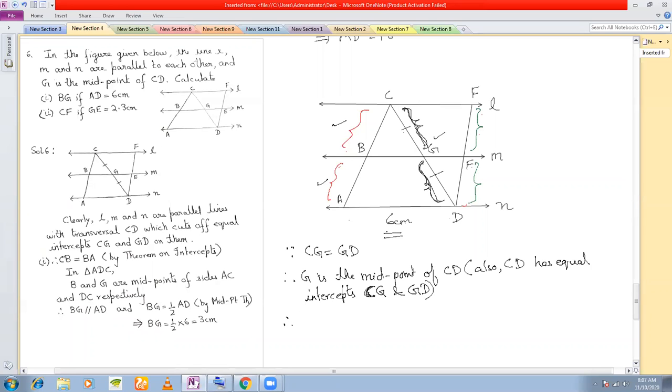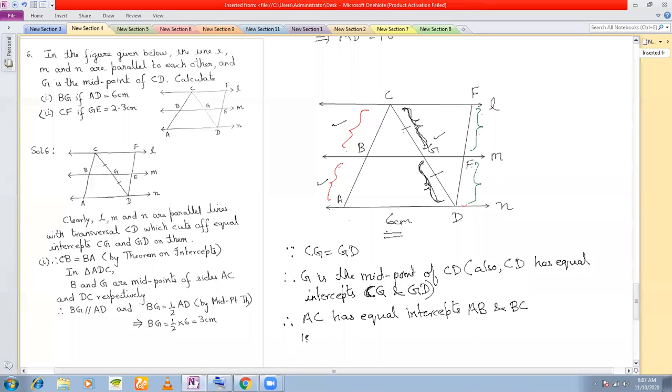Therefore, AC has equal intercepts AB and BC.